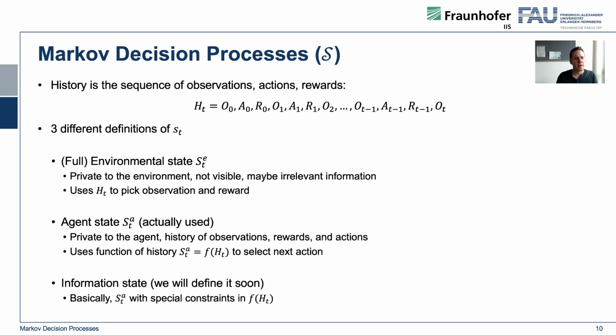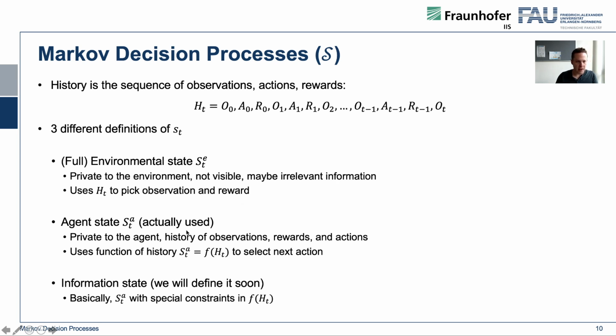So that would be the full environmental state. That is usually something that's private to the environment. It's not visible to the agent, and it also contains a lot of irrelevant information. And then if we use this as a state, we can just use H_t, which is just a concatenation of all that, to pick the observation and reward from the environment.